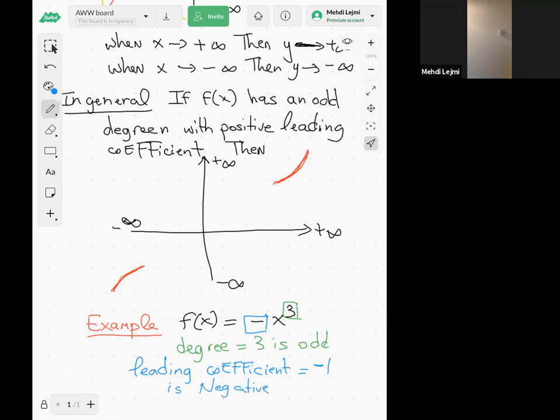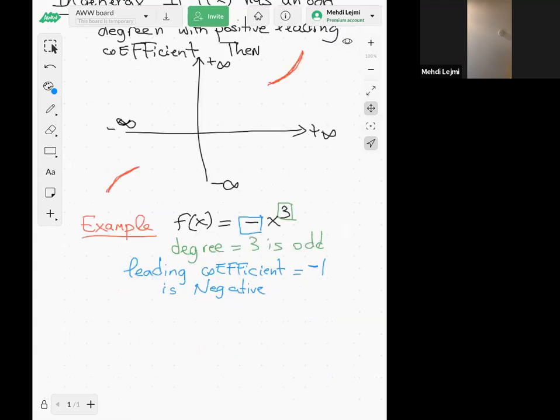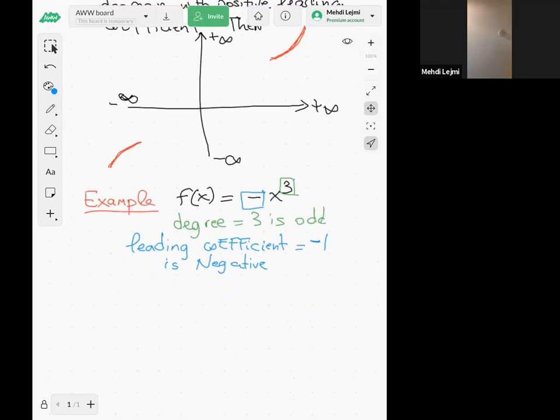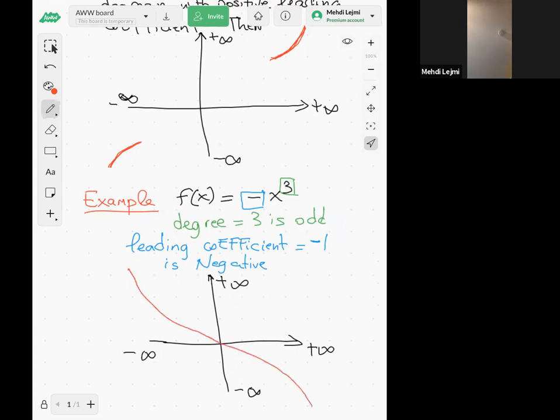If you graph negative x cubed, we are again interested in the behavior at infinity. So negative x cubed would look something like this. This is my f of x equals negative x cubed.